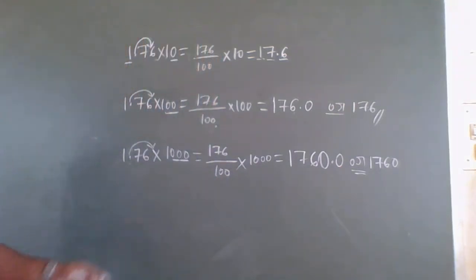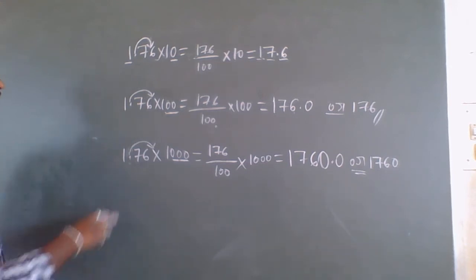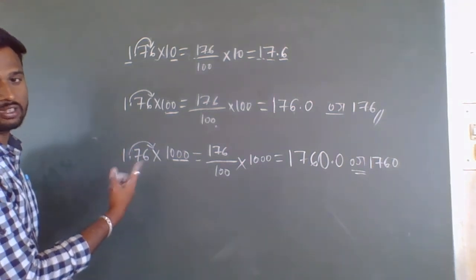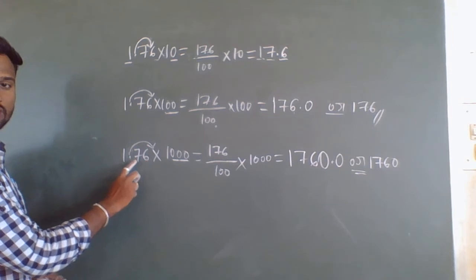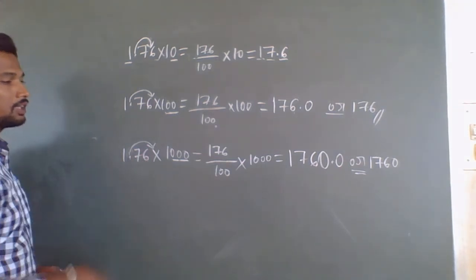And in 1000 how many zeros are there? 3 zeros are there. So you have to move this decimal point 3 digits towards the right side. But here we have only 2 digits after this decimal point, so we will consider another 0 here.